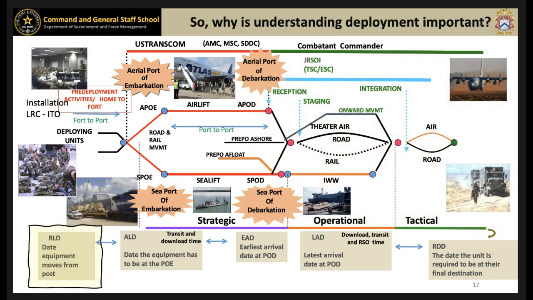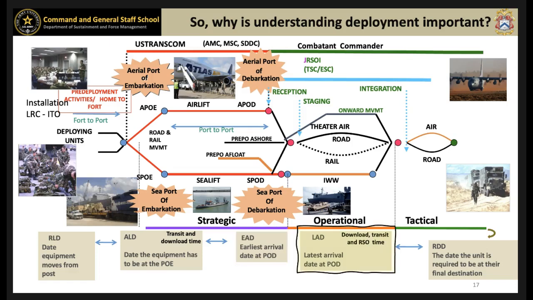Some key dates and terminologies are highlighted as follows. So you have the required load date, the RLD, and this is when equipment must leave the home station. Likewise, the ALD is when equipment must be at the port of embarkation. The EAD, the earliest arrival date, this is the earliest date that equipment can arrive at the port of debarkation.